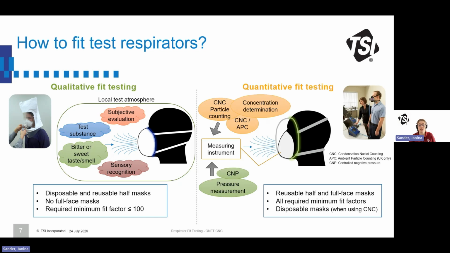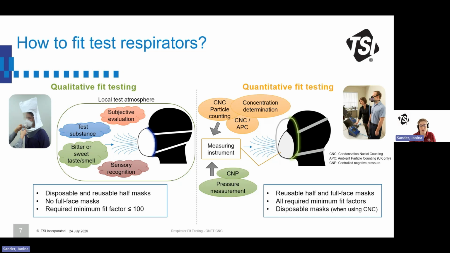And on the other hand, we do have quantitative fit testing as the second method, where the common thing is that you do have a measuring instrument which is connected to your respirator. The measurement instrument can use different technologies.